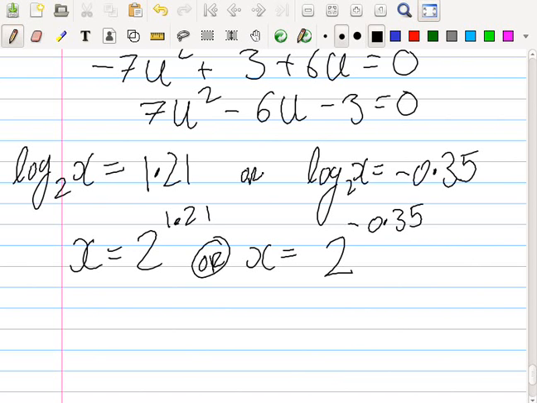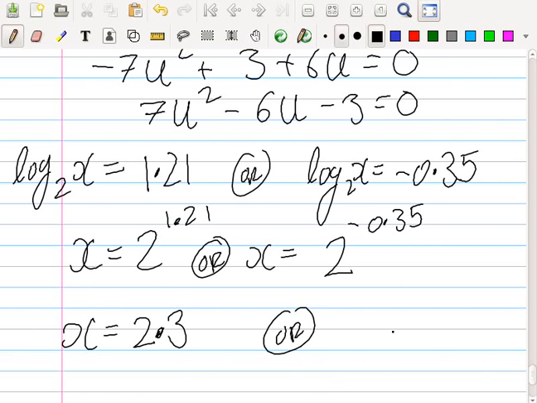Okay, so what are the two answers here? What's 2 to the power of 1.21? What's it like 2.4 or something? And then this one here? 0.78.